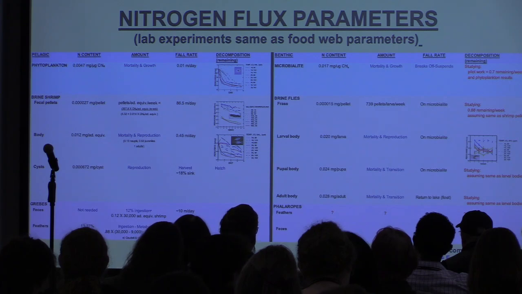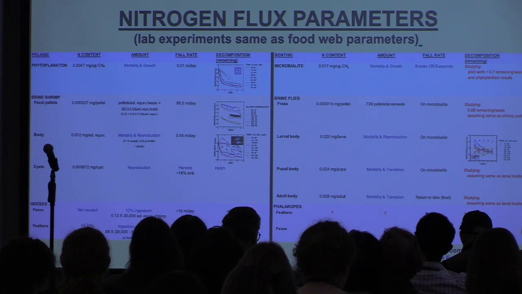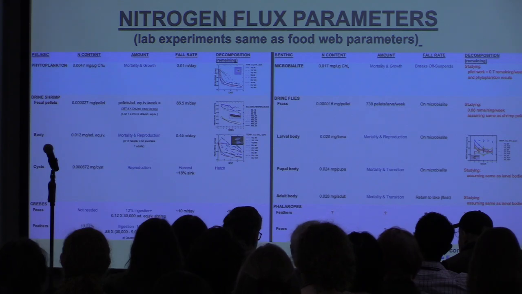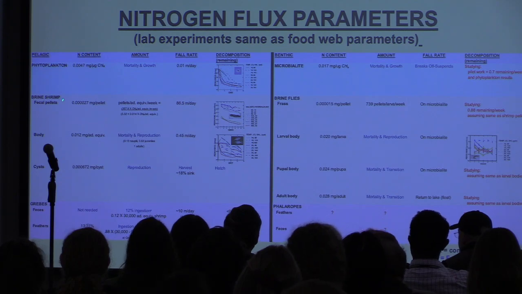So in other words, we need to know how much nitrogen is there in milligrams per microgram of chlorophyll that you measure in the water. You need to know how much nitrogen exists per pellet. And since I'm not a sewage engineer, I'm not going to use the technical term. We use poop. So we need to know how much nitrogen per poop.